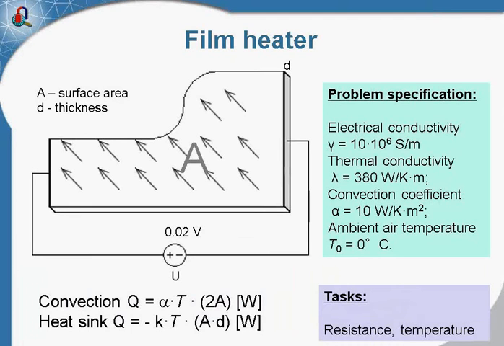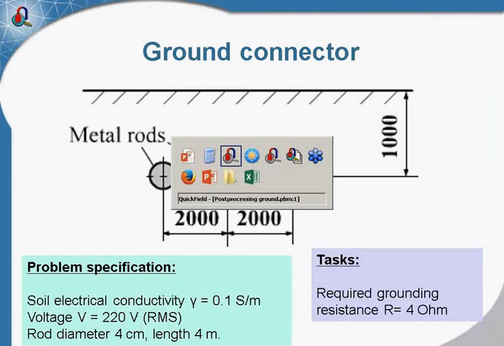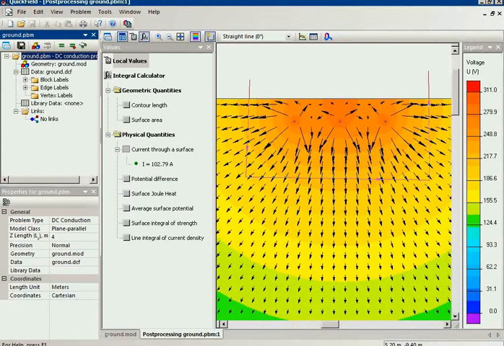Next, we will review the heating effects of the flowing electric current. Sorry, one step back to the ground connector. The important parameter of the ground connector is the step voltage.